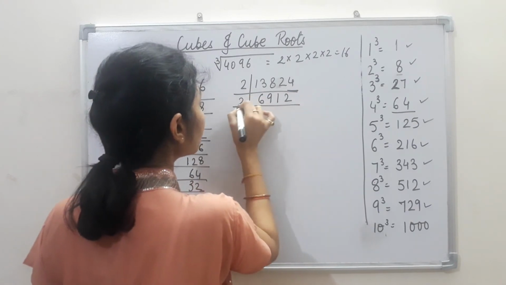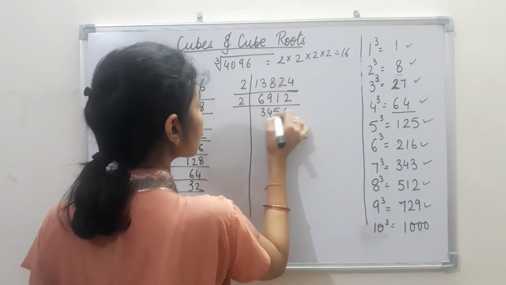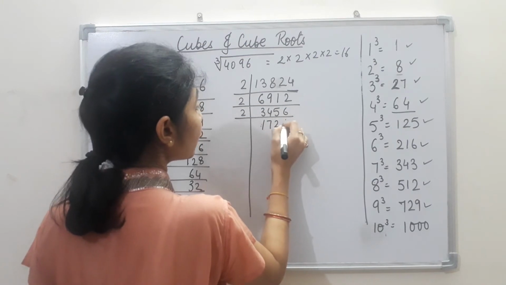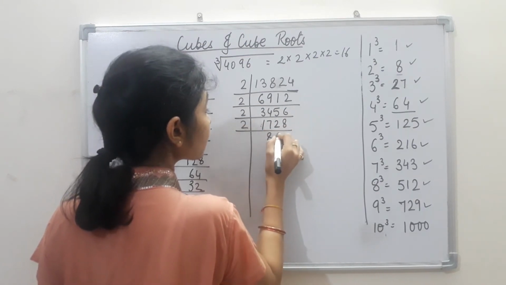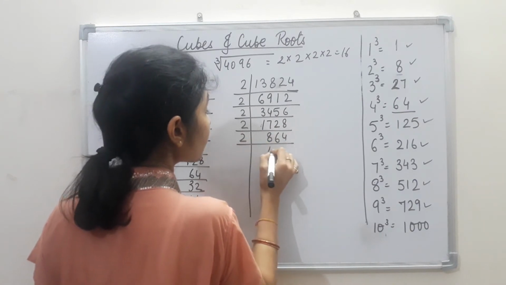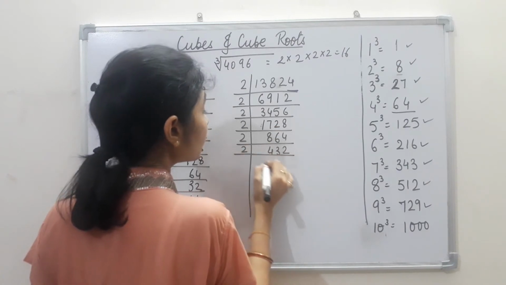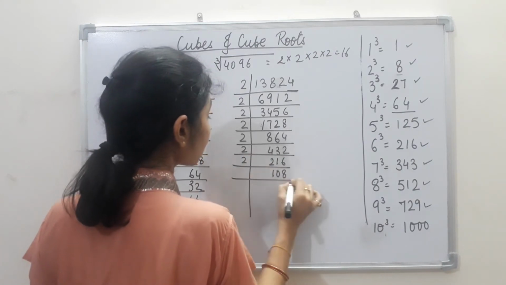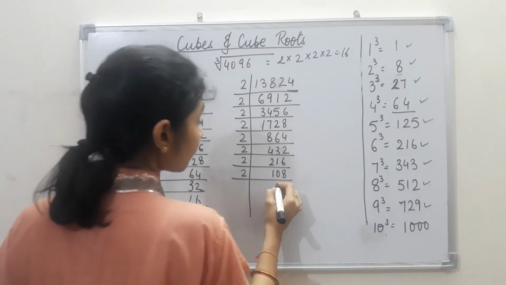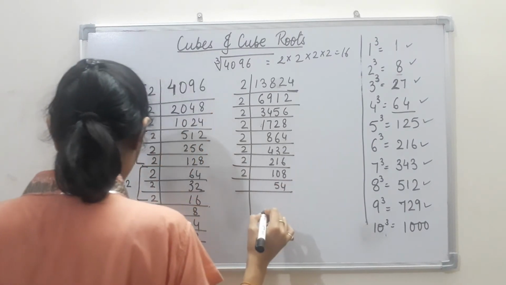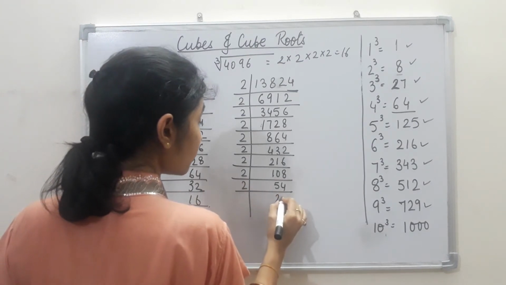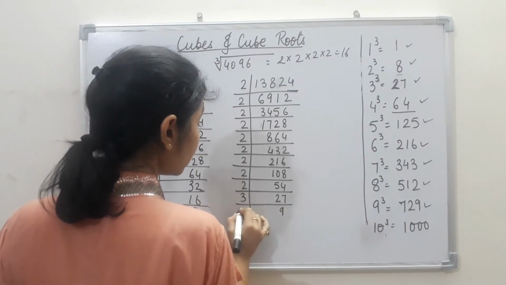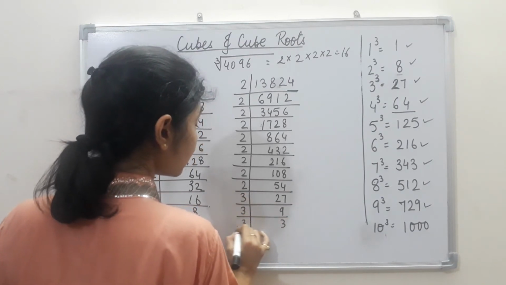Okay, now again 2, 3, 4, 5, 6, 2, 1, 7, 2, and 8, 2, 8, 6, 4, 2, 4, 3, 2, 2, 2, 1, 6, 2, 1, 0, 8, 2, how many times will it go? 5, 4, 2, 2, 7, 2, sorry, now it won't go by 2, 3, 9, 3, 3 and 3, 1.